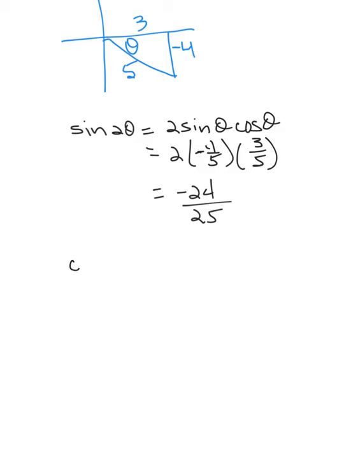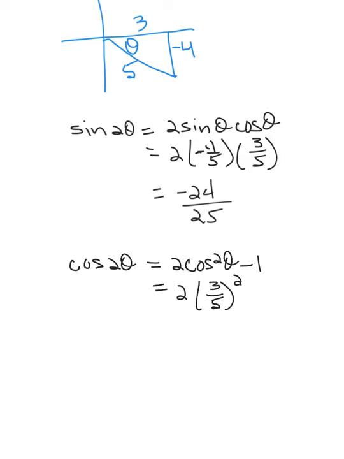For the cosine of 2 theta. We were told about the cosine of theta, so I'm going to use that version of the formula, which is 2 cosine squared theta minus 1. So we would have 2, our cosine, we were told, was 3/5.